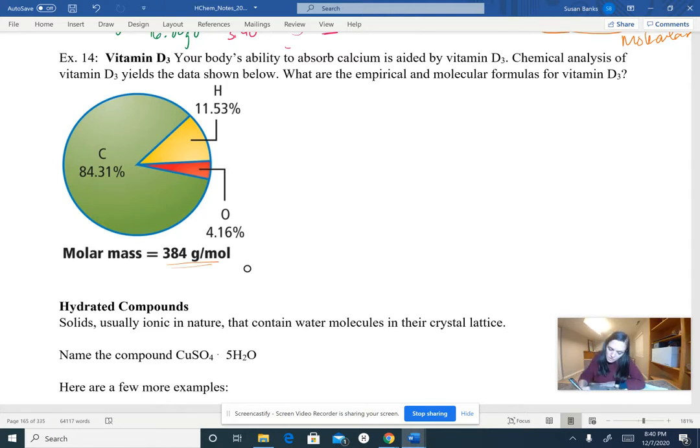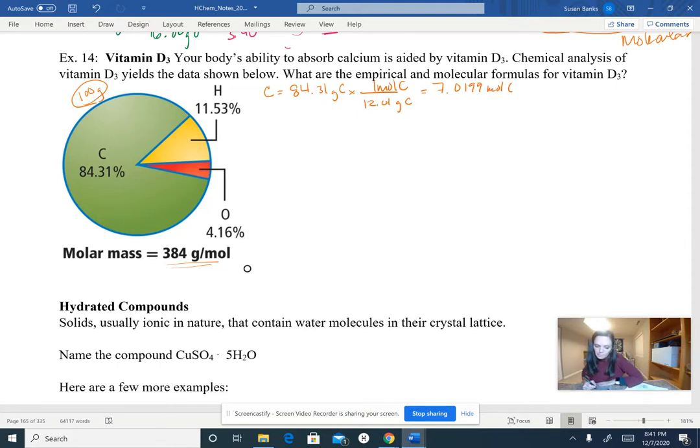So we're going to start with carbon. I'm going to pretend like I've got 100 grams of this stuff, right? So I would have 84.31 grams of carbon. In 12.01 grams of carbon, I've got 1 mole of carbon. So that gives me 7.0199 moles of carbon.